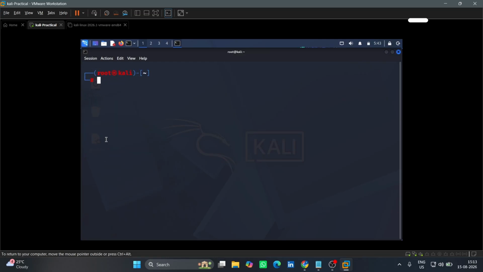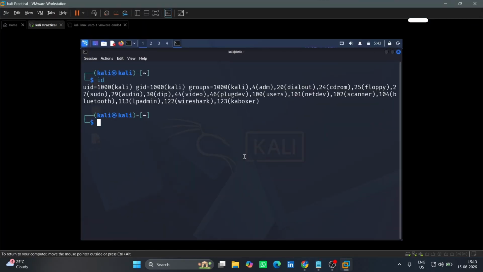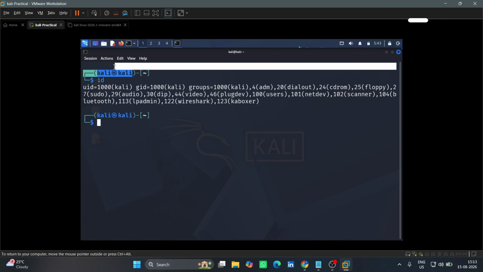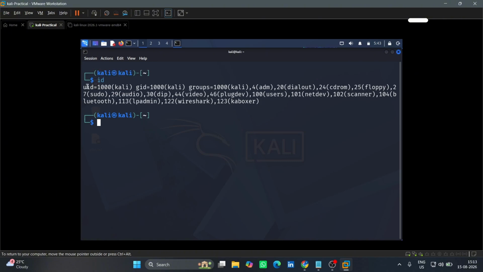So let's clear it. Now we can also use id. The id command will show you all the IDs belonging to the user through which you have logged in. For example, the user ID of Kali is 1000.